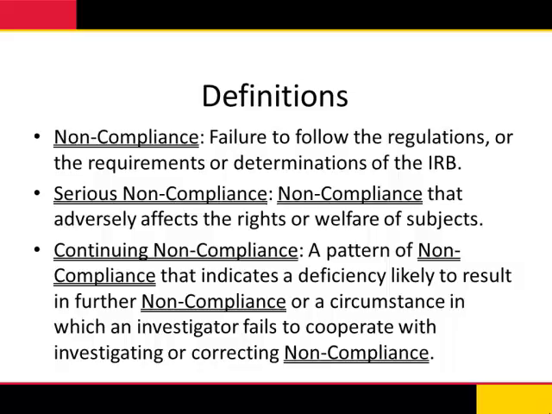And continuing noncompliance is a pattern of noncompliance that indicates that a deficiency is likely to result in further noncompliance, or a circumstance in which an investigator fails to cooperate with investigating or correcting noncompliance, which we have had instances of, where investigators are not willing to cooperate with remediation plans that have been directed by the IRB.